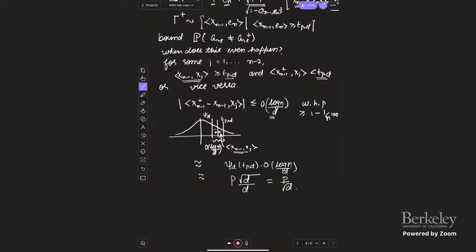Now, we did this for a specific j, but we need to union bound over all j equals 1 to n minus 2. Therefore, the probability of G tilde E not equal to G tilde E plus is less than or equal to np over square root of d, up to logarithmic factors.